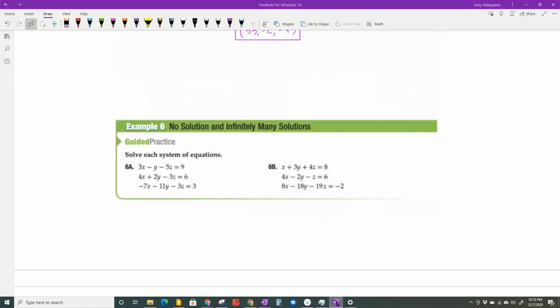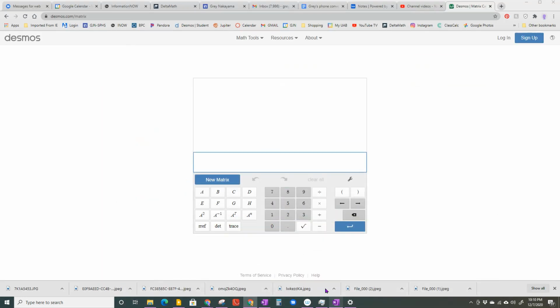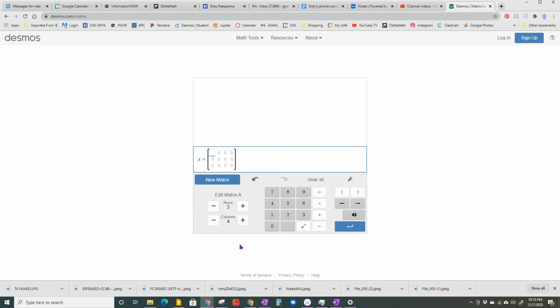So I'm going to take this one right here and put it into the calculator, because we just did two of them and we don't need to do another one. So this is what you do in Desmos. You type a new matrix. My matrix has 3 rows, but 4 columns.